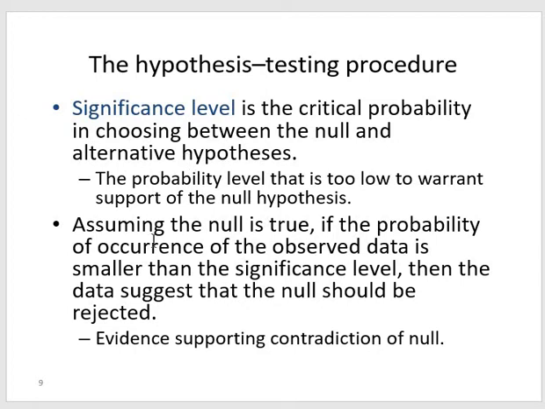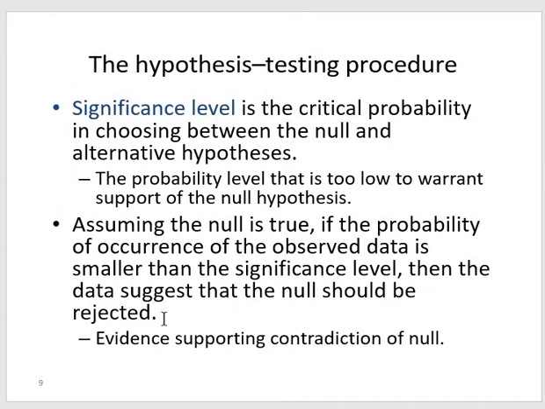Next is assuming the null is true. If your null hypothesis, whatever you assumed, is true, and the probability of occurrence of the observed data is smaller than the significance level, then the data suggest that the null should be rejected.